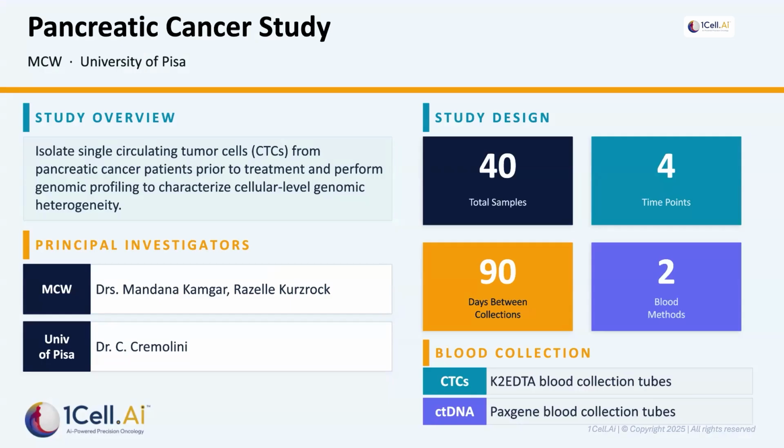And this study is led by Dr. Mandana Kamgar and myself at MCW, and Dr. Cremolini at University of Pisa. And we've collected quite a few samples, and I'm happy to share with you some of the insights from these samples.